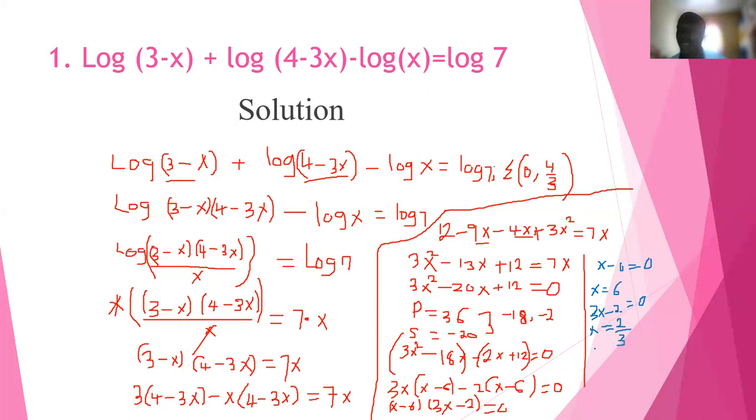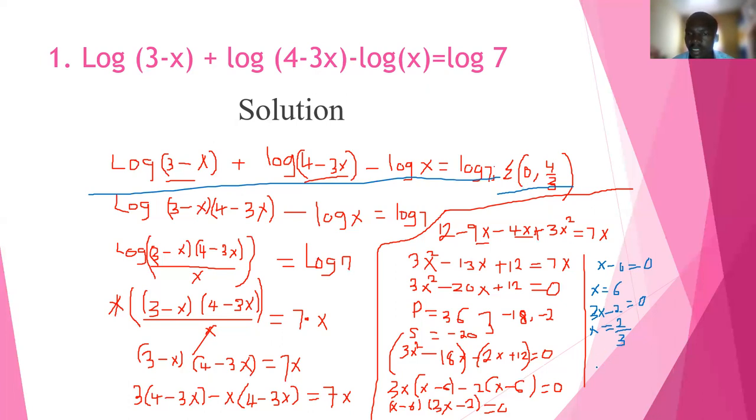So from here, if we come to this range, we now exclude the value which does not satisfy this equation, depending on the defined range that we had defined earlier.